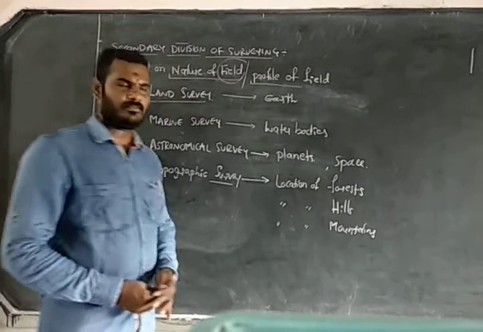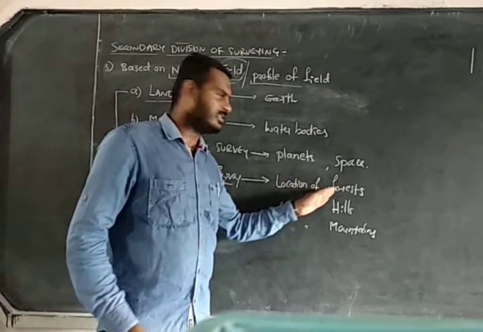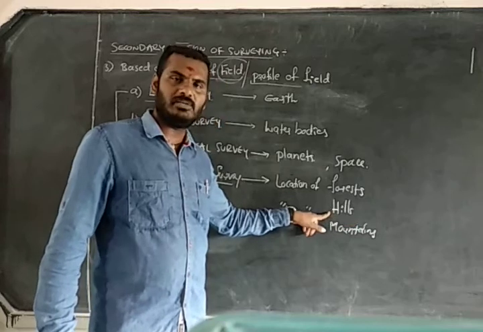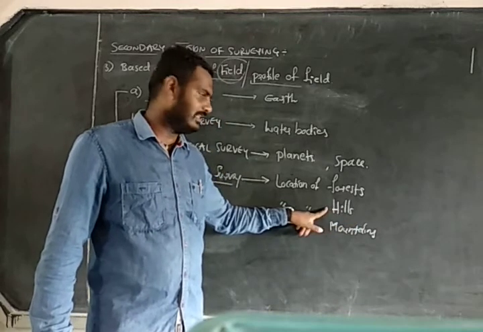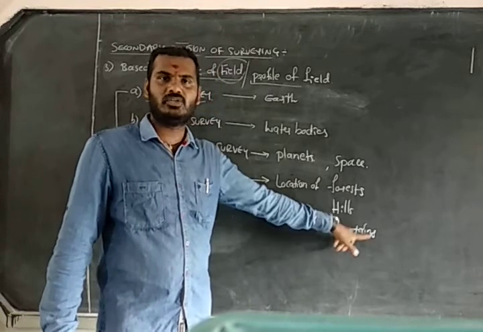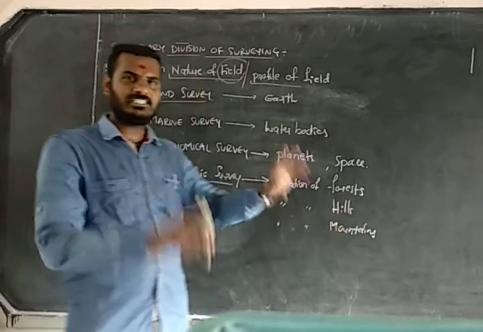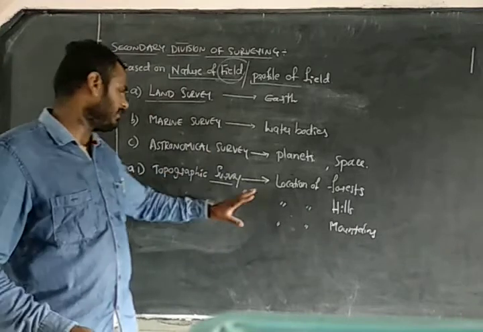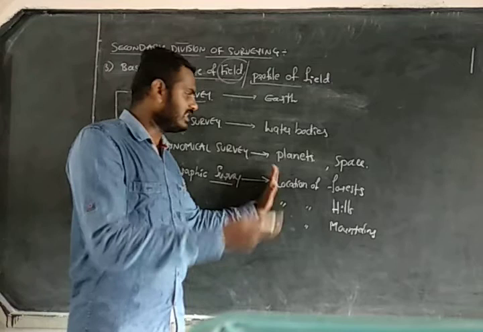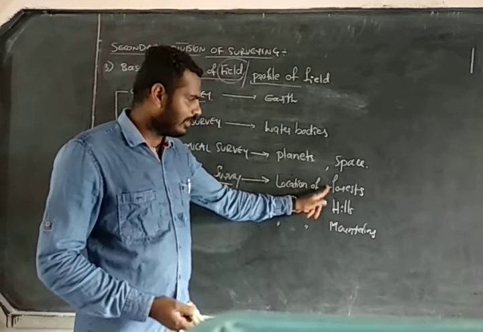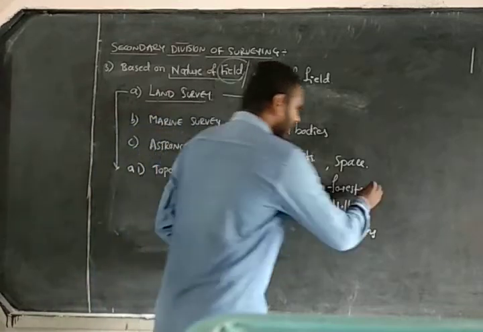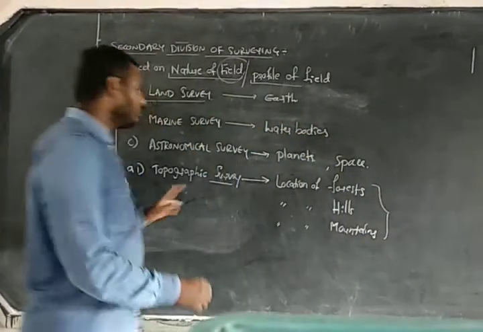What is the area of extension of forest on the land surface? Where are the hills available, and what area is covered by the hills? Where are the mountains available, and what area is covered by the mountains, and what are their heights and extension? The survey which is useful to know the location and extension of such features, especially forests, hills and mountains, is known as topographic survey.